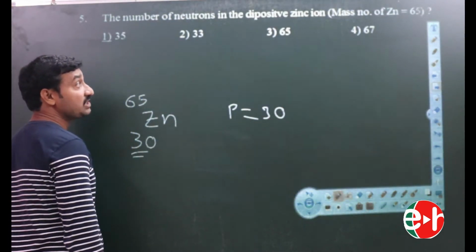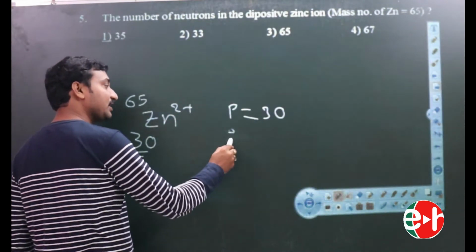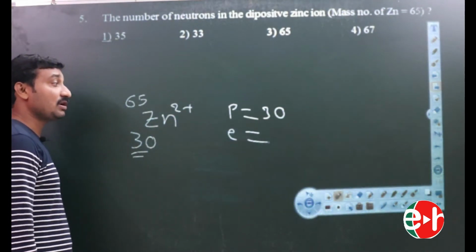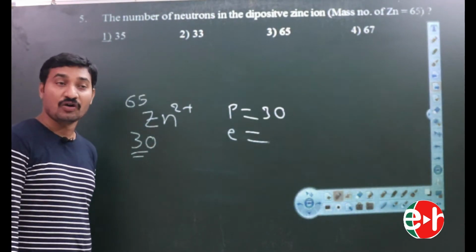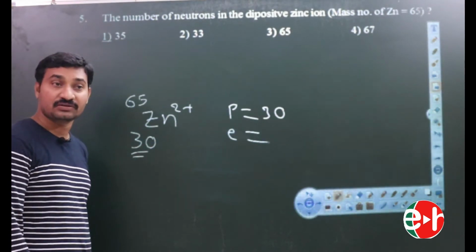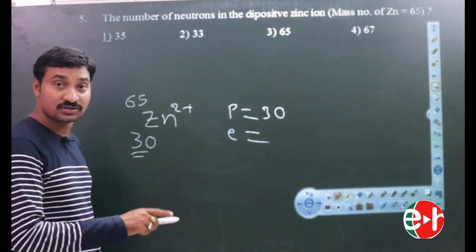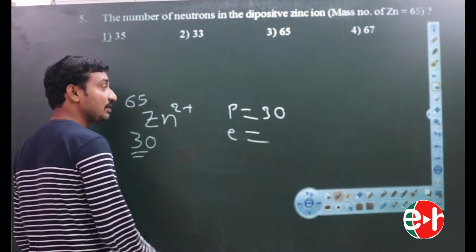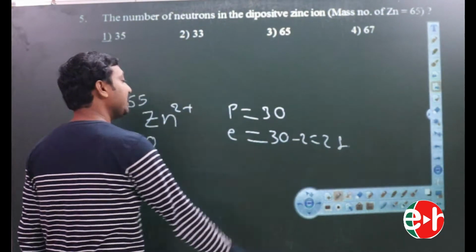Given dipositive Zn ion, that means Zn 2 plus, then number of electrons, see now protons and electrons are not equal. Why? Because this is a positive ion. How is a positive ion formed? By loss of electrons. How many positive charges are there? 2 positive charges, hence it lost 2 electrons. Then total number of electrons 30 minus 2, that is equal to 28.